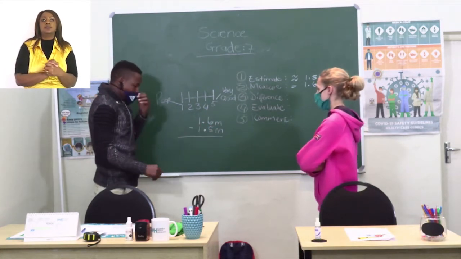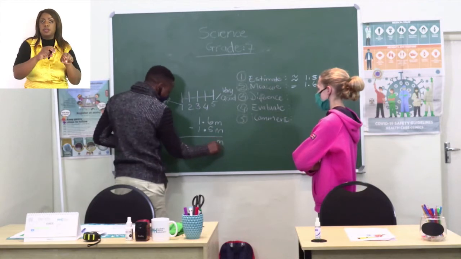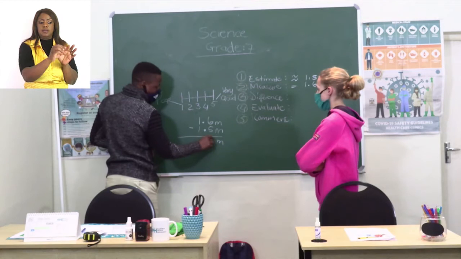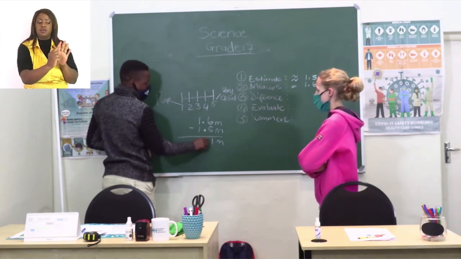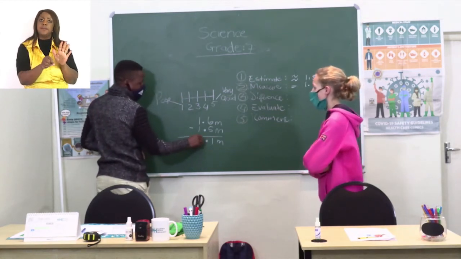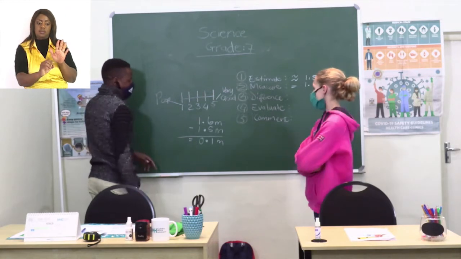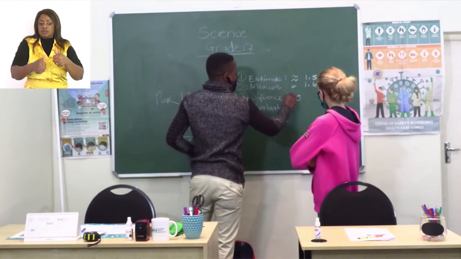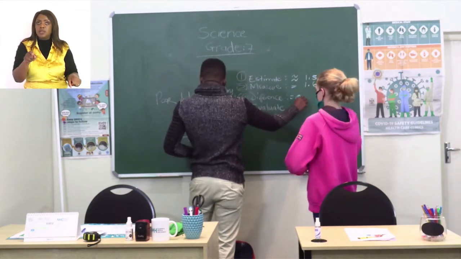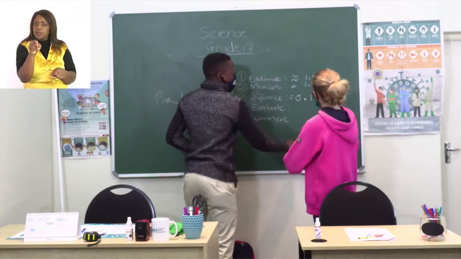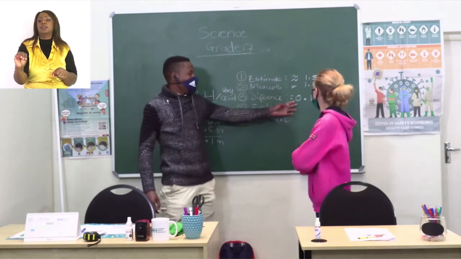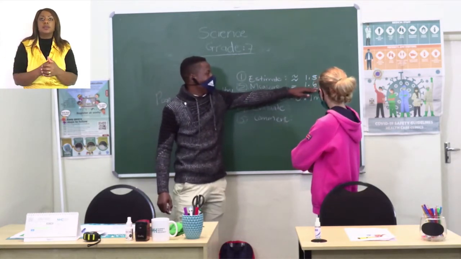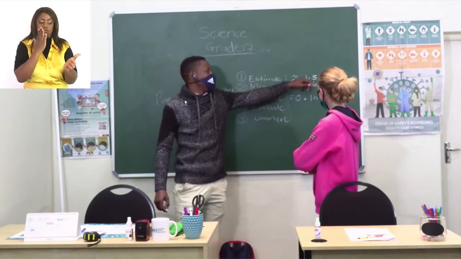Take away 5 from 6, you have a 1. I have my point, and then obviously you have a 0 here. So the difference here is 0.1 meter.